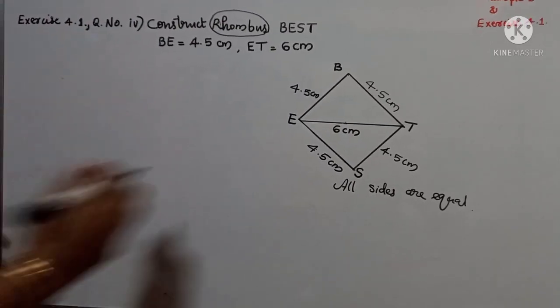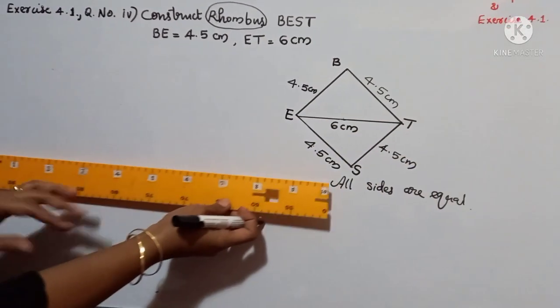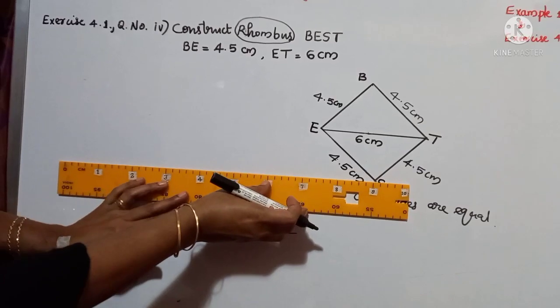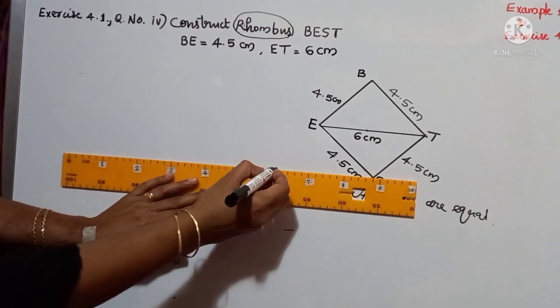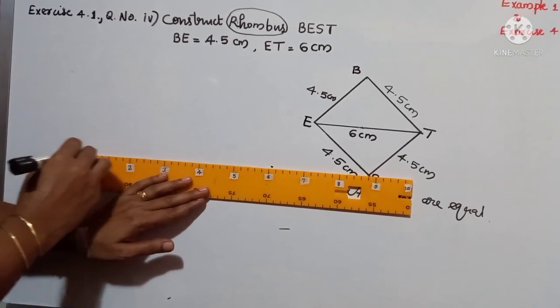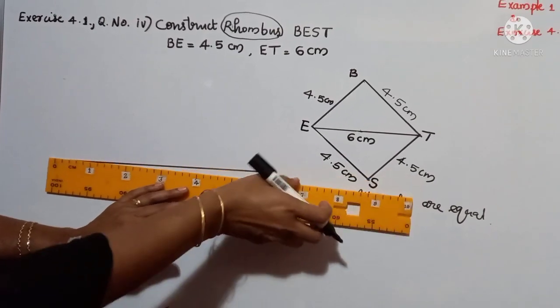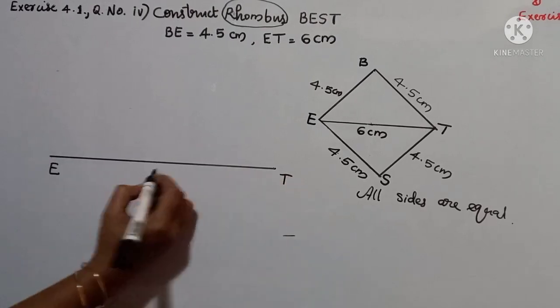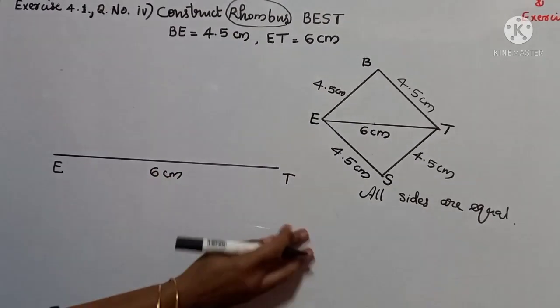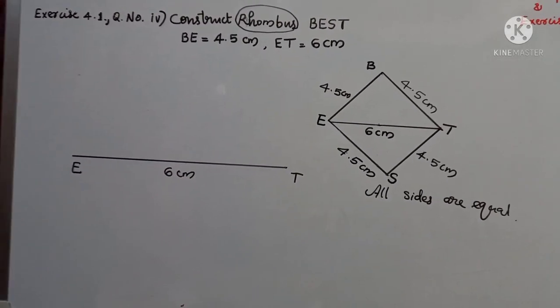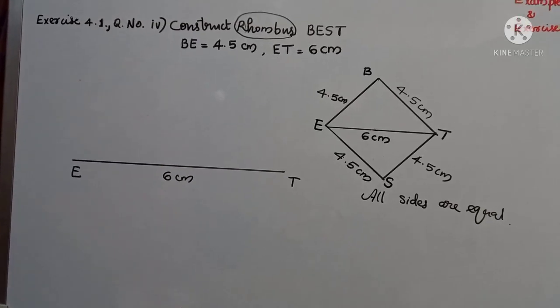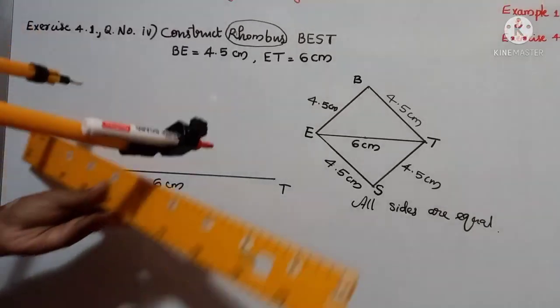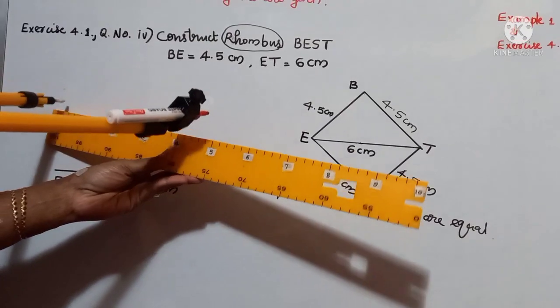First we have to draw ET with the 6 centimeter and write here ET 6 centimeter.